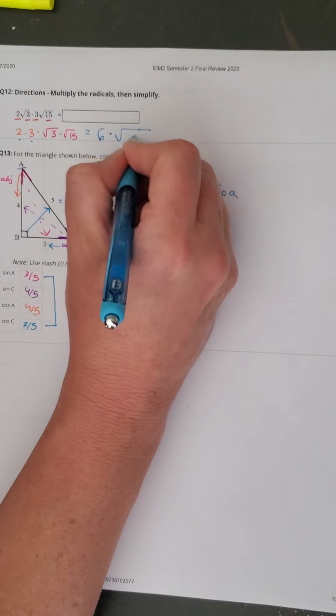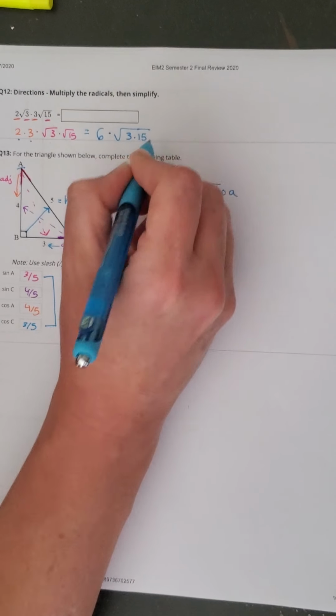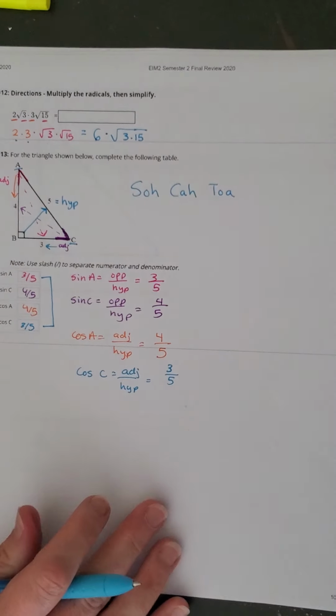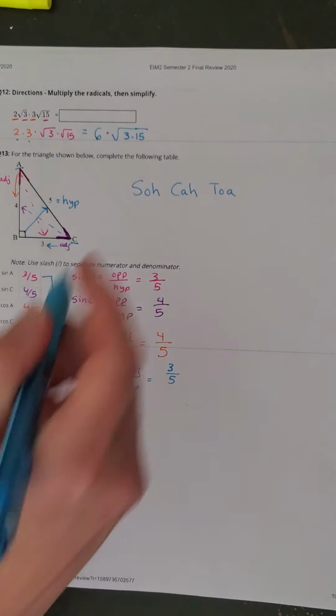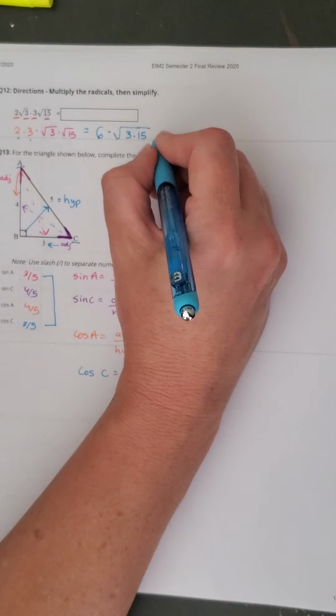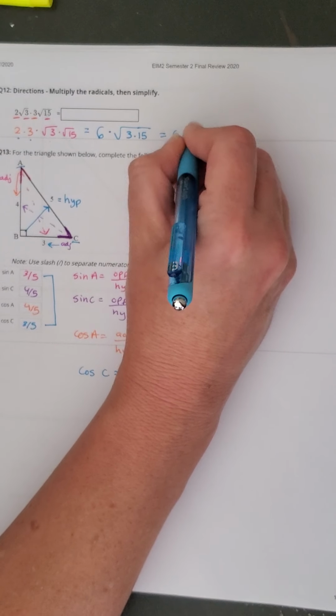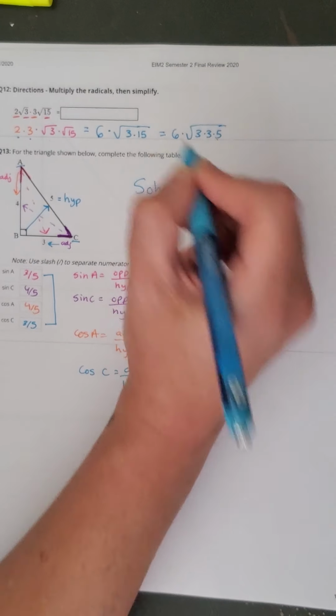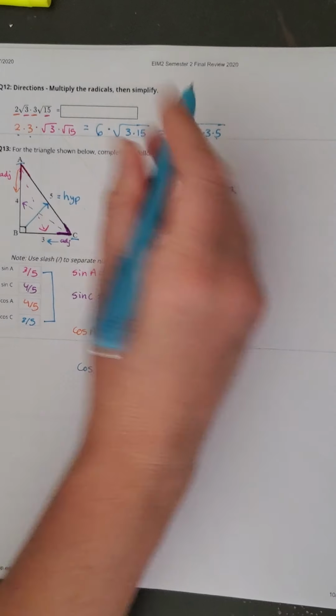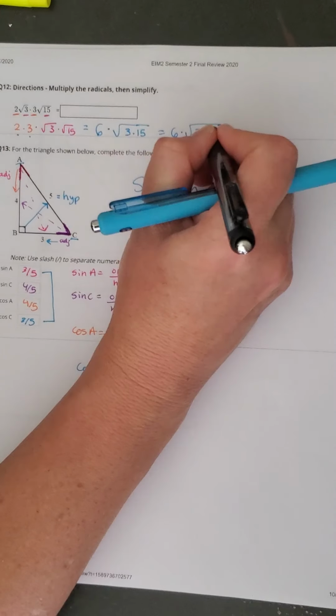I'm not going to multiply it out. I'm going to leave it as 3 times 15 because I might have to simplify this radical. And I will have to simplify that radical because that radical has a perfect square in it. And so this would be 6 times the square root of 3 times 3 times 5. 3 times 5 is still 15. And I see that here's my perfect square.